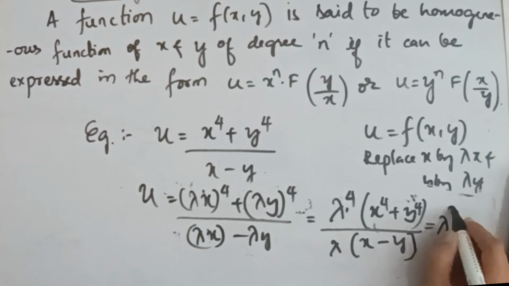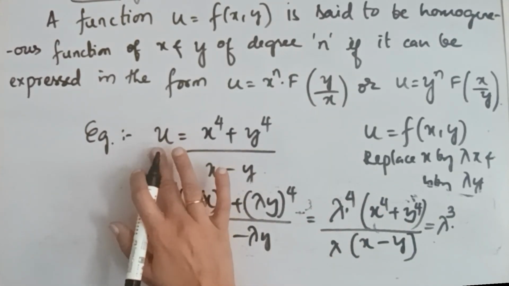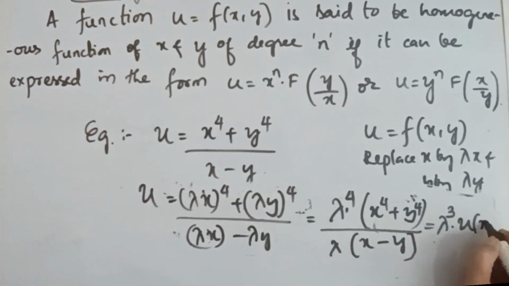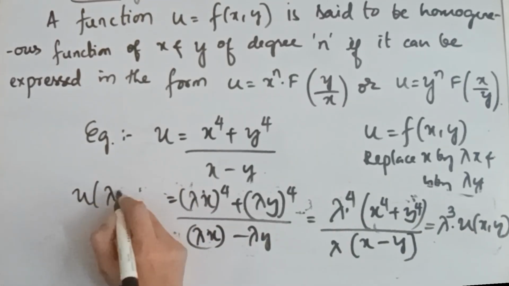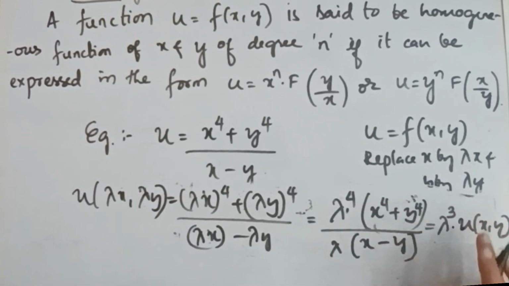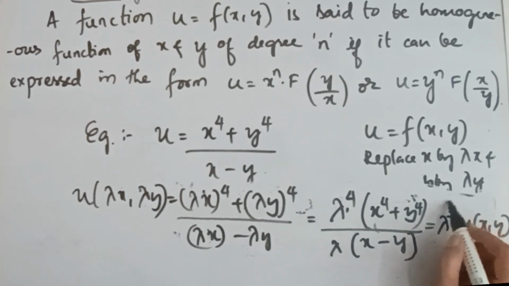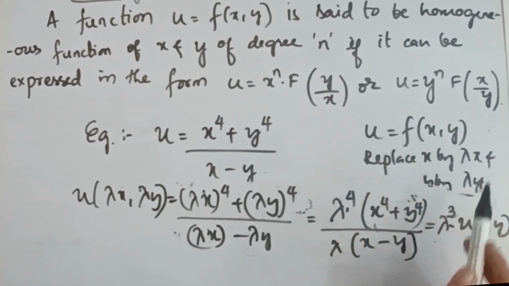This is lambda cube into x power 4 plus y power 4 divided by x minus y, which is the given function u itself, that is u of x comma y. Therefore, u of lambda x comma lambda y, I got it as lambda power 3 into u of x comma y. Hence, this function is homogeneous function in x and y of degree 3. This is by replacing x by lambda x and y by lambda y.